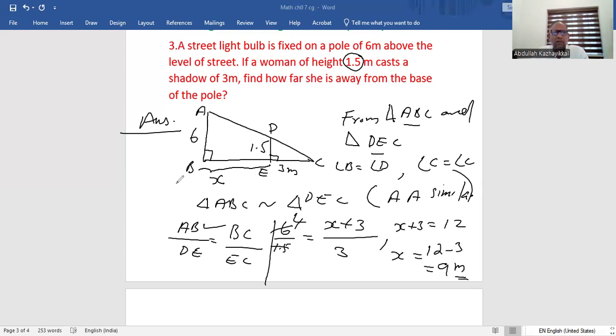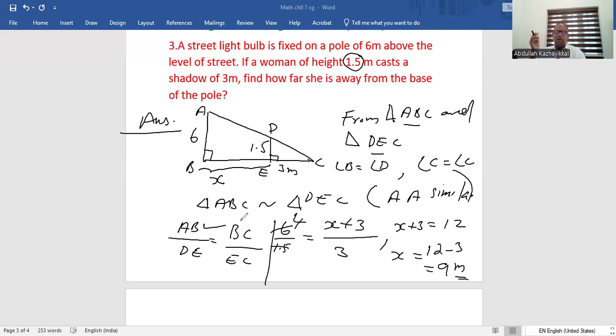So x means, what is that? Find how far she is away from the base of the board. She got x is equal to 9 meter, correct? If a woman fixes a pole 6 meter above the level of street, if the woman height casts a shadow 3 meter.